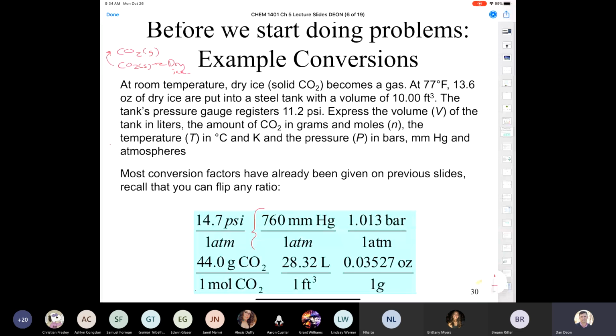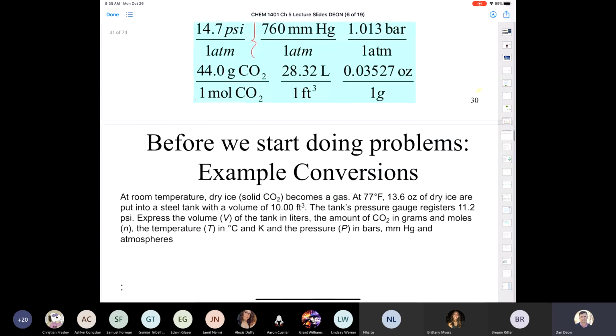When Evangelista Torricelli did his experiment at sea level, the inverted column of mercury measured a height of 760 millimeters of mercury, and that's at 1 atmosphere, or sea level. We already know how to convert numbers of moles into grams. There are some other conversion factors here that you might not be as familiar with, but you should be able to do any kind of conversion given a conversion factor.